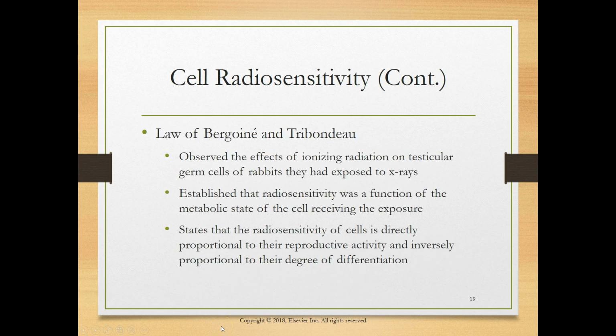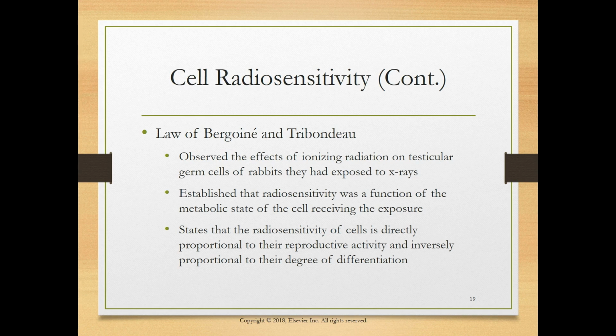Okay, this is about the law of Bergonie and Tribondeau. This law states that the most pronounced radiation effects occur in cells with the least maturity and specialization or differentiation, the greatest reproductive activity, and the longest mitotic phases. So they made this observation by studying germ cells of rabbits that had been exposed to X-ray.